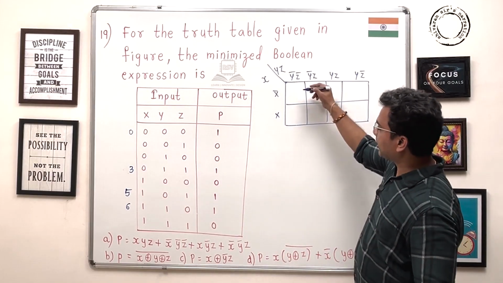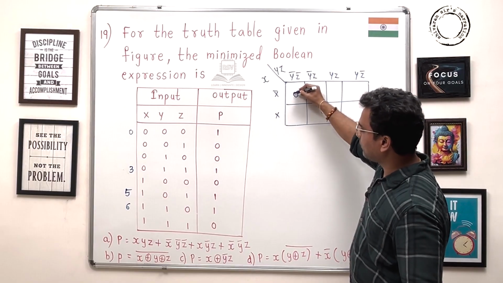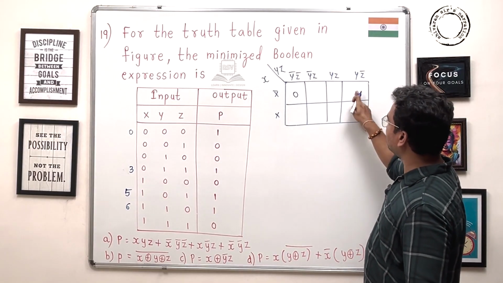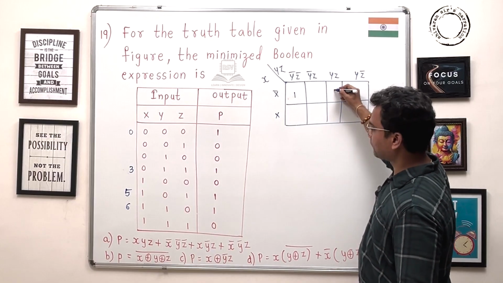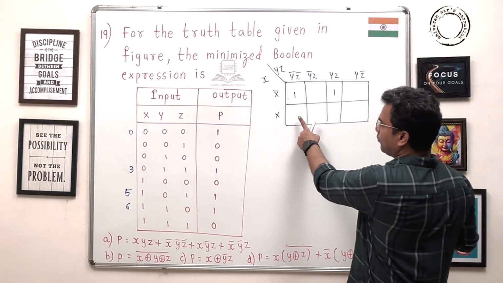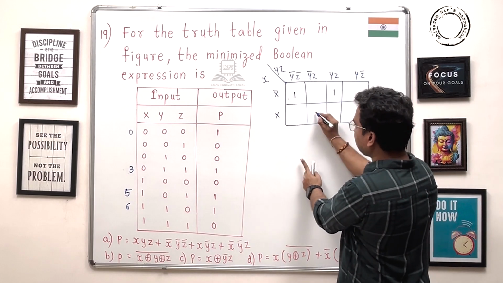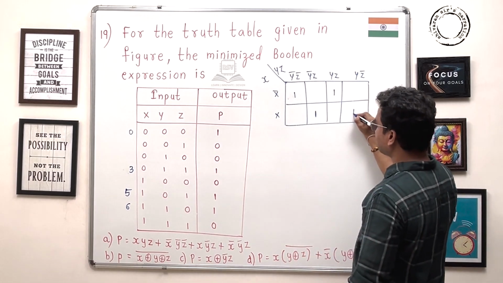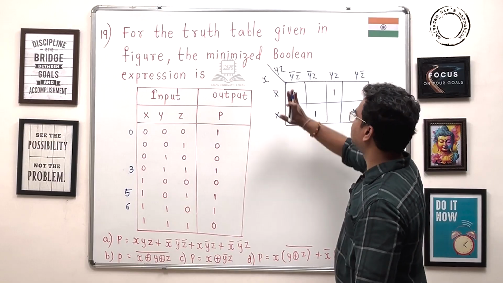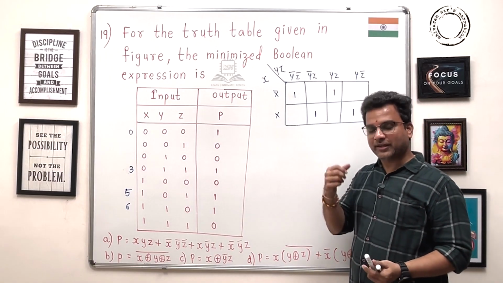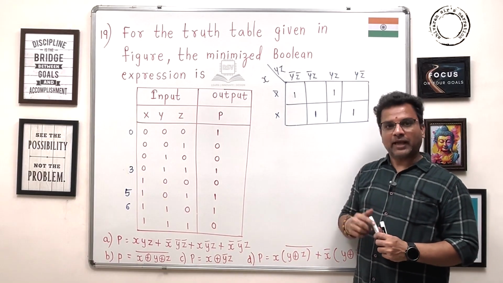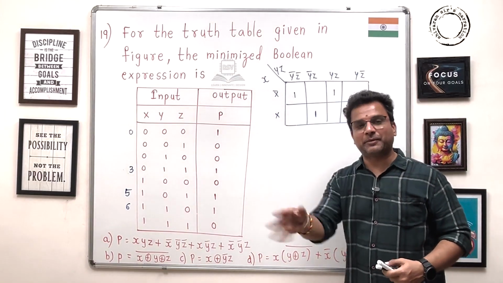Fine. If you take them here, 0, 1, 2, 3. Again, 4, 5, 6, 7. This one guys, can we minimize this? No, you cannot minimize, because it is already in the minimized form.